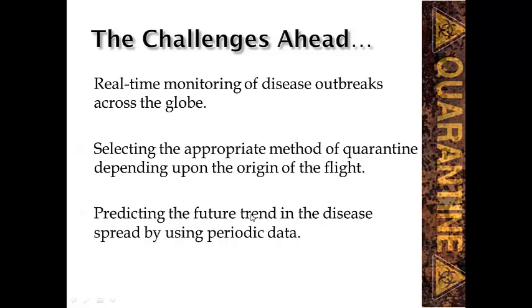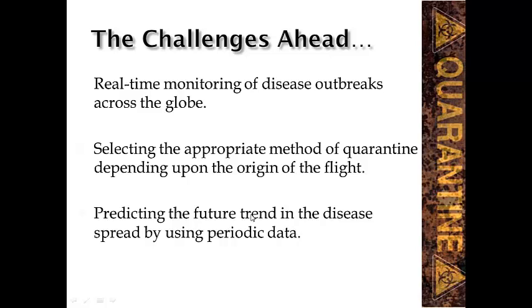So, what are the challenges that lie ahead in full-fledged implementation of our system? The first challenge is real-time monitoring of disease outbreaks across the globe, because we now know the amount of change happening in disease transmission zones. The second challenge is selecting the appropriate method of quarantine depending upon the origin of the flight. There may be some situations when a flight from a particular origin has more than one outbreak of disease.